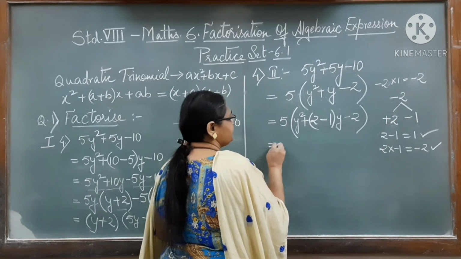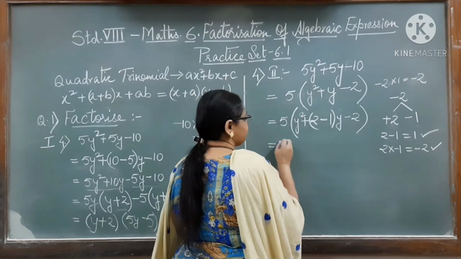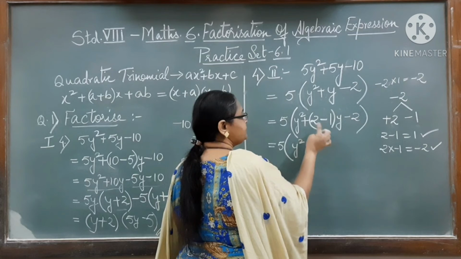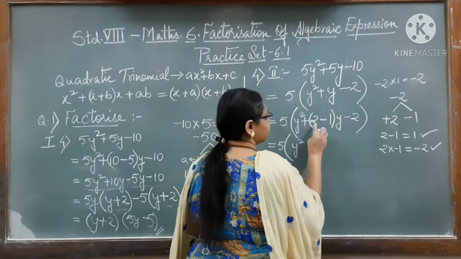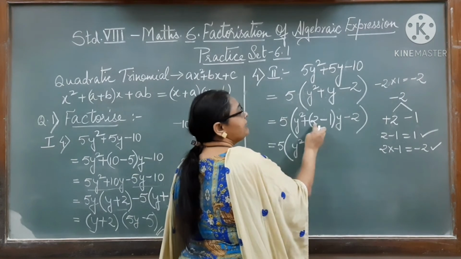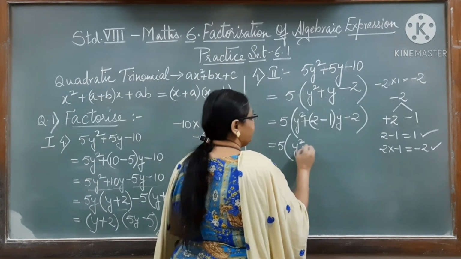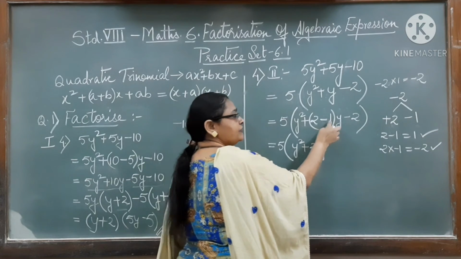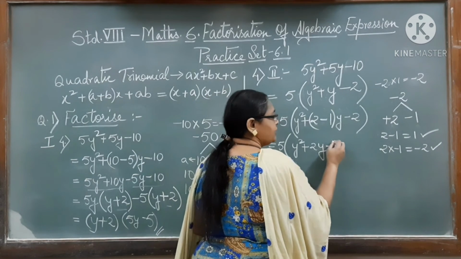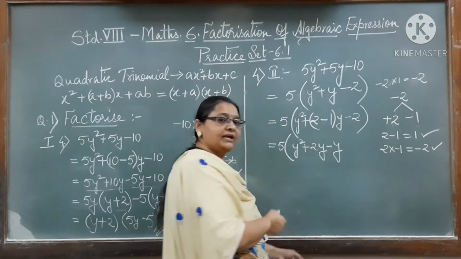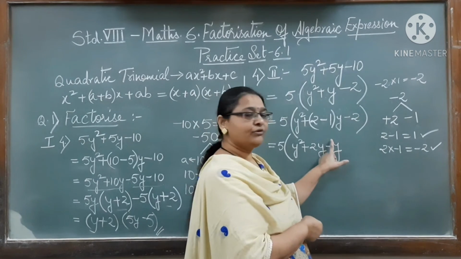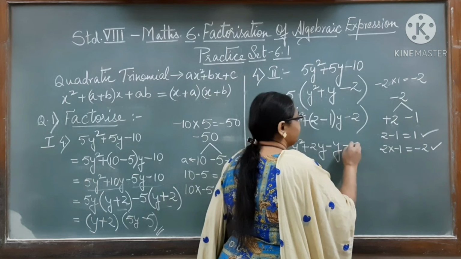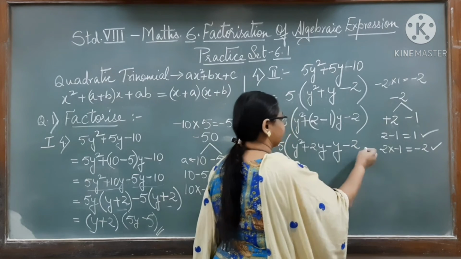That is equal to, now let me remove the brackets, 5 into y square plus 2 into y is 2y, minus 1 into y is 1y. So I am just going to write minus y because I know if there is no coefficient right here, it is equal to 1. Minus 2 as it is.